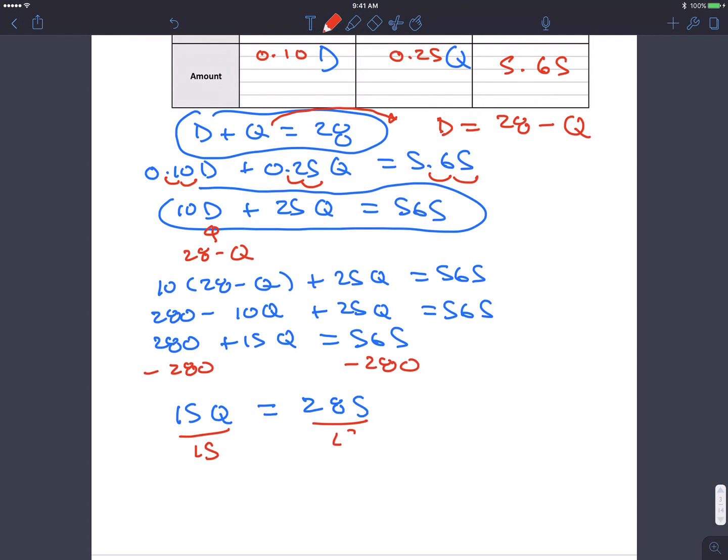Divide both sides by 15, and we get Q equals 285 divided by 15, which is 19. We have 19 quarters.